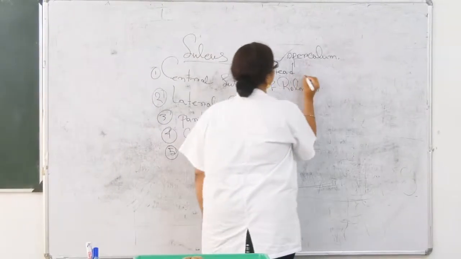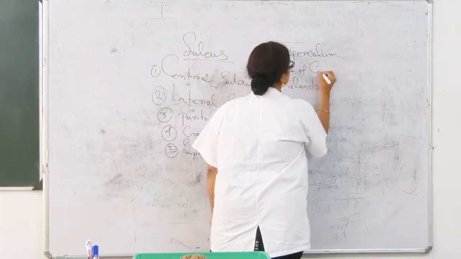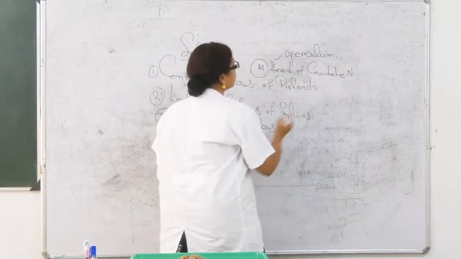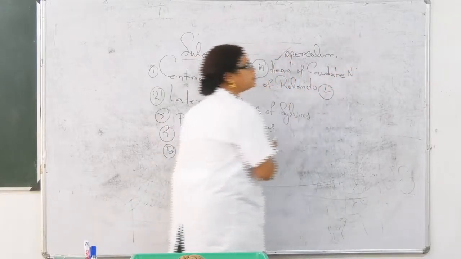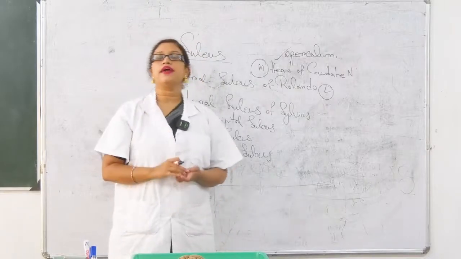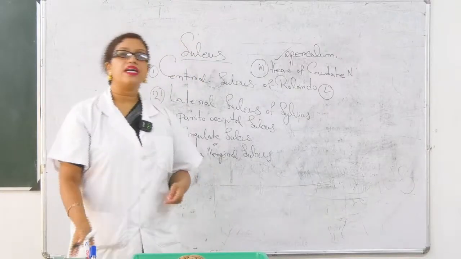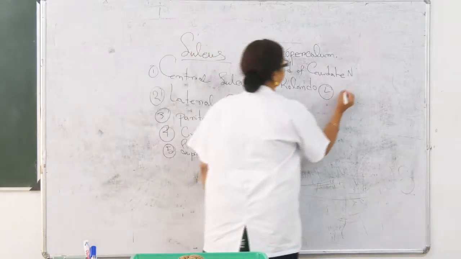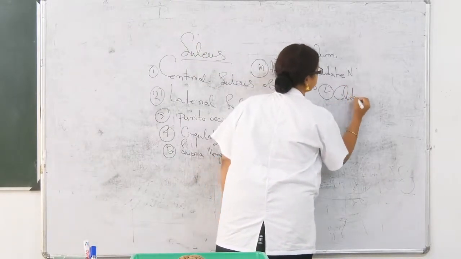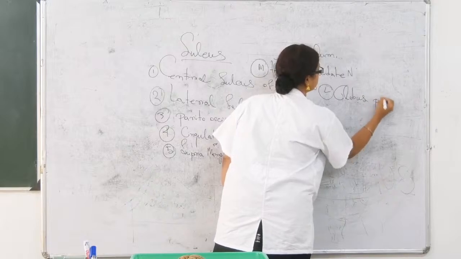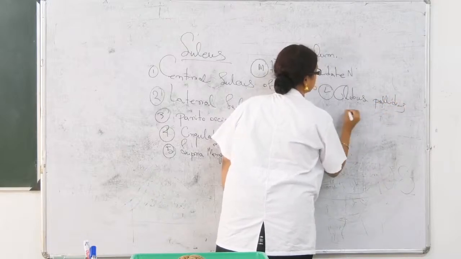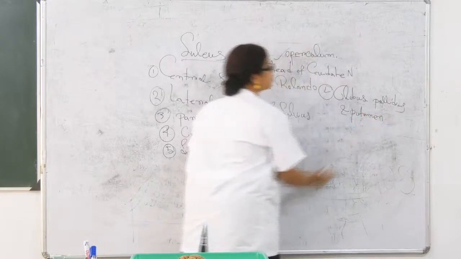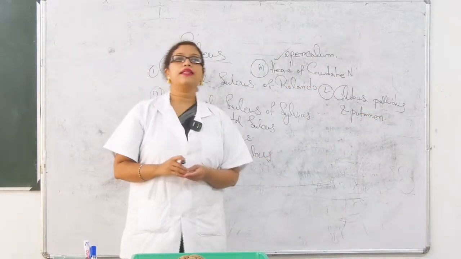Anterior limb or posterior limb, head of caudate nucleus. Then what about the lateral relation? Lateral relation we will get 2 things. Write it down. Number 1 is globus pallidus and the putamen.